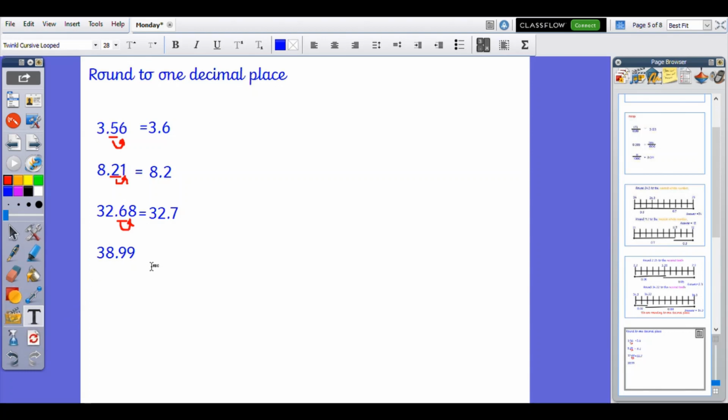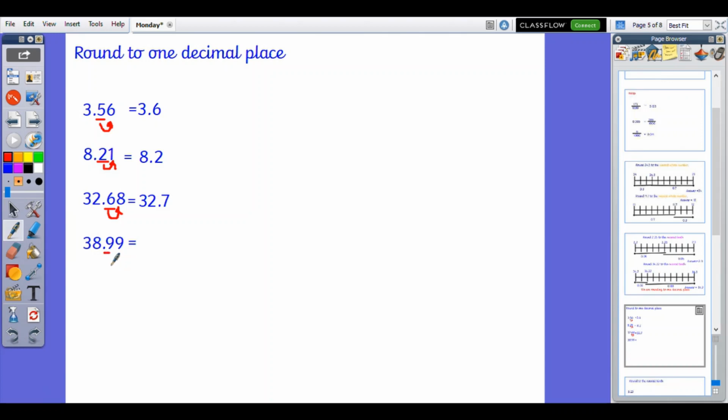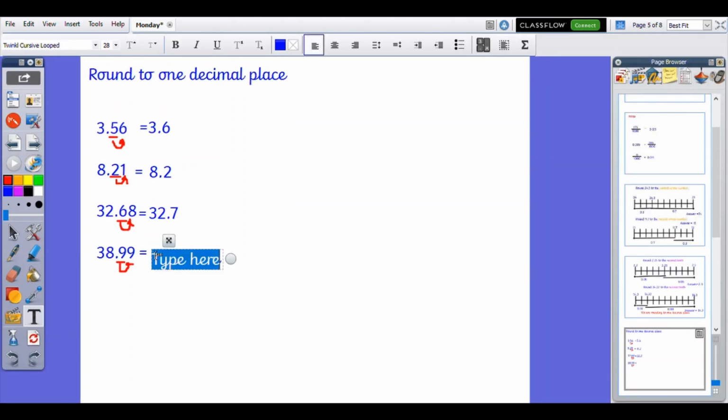Okay, and then this one is a little bit more tricky because it almost has a knock-on effect. So let's see. So if I've got my tenths as 9 and my hundredths as 9, that means that this is going to round up. But I can't go any higher with my tenths, so the nearest number to one decimal place wouldn't actually have a one decimal place.